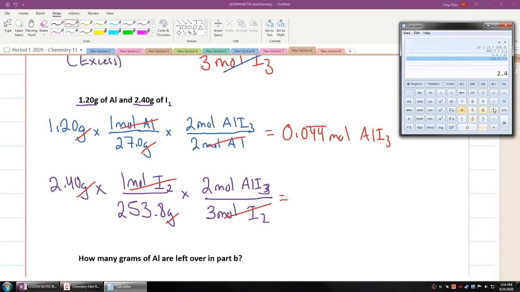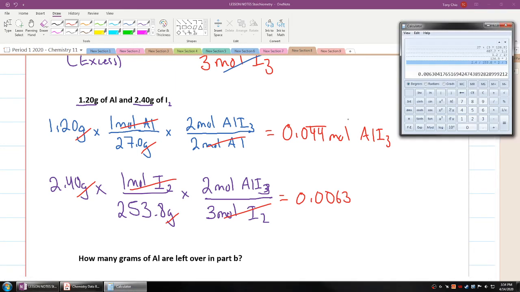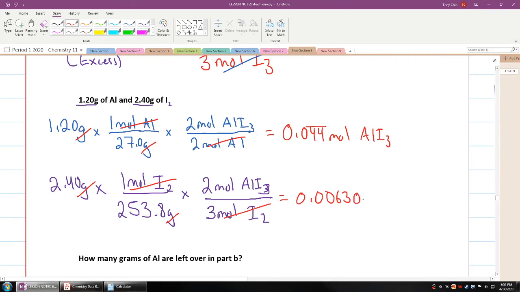So 2.4 divided by 253.8 times 2 divided by 3, and you're going to get 0.0063 moles of aluminum iodide.